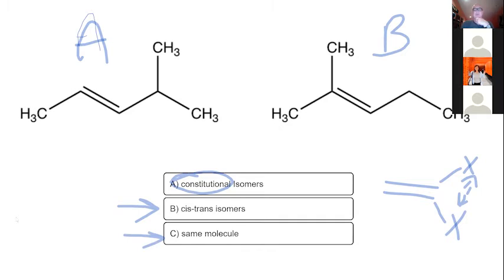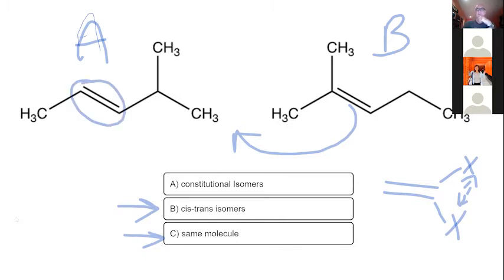Well, we can probably look and see whether it's the same thing first. If it was the same thing, we should be able to just rotate B and it would look like A. Does it? No, it doesn't, right? Because this double bond is in a different place.